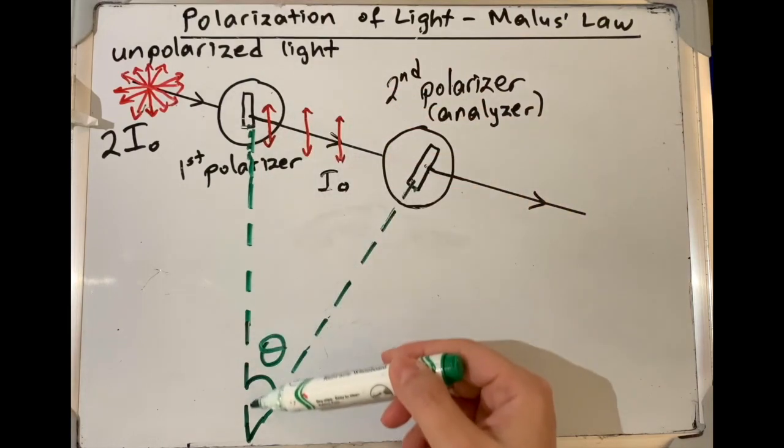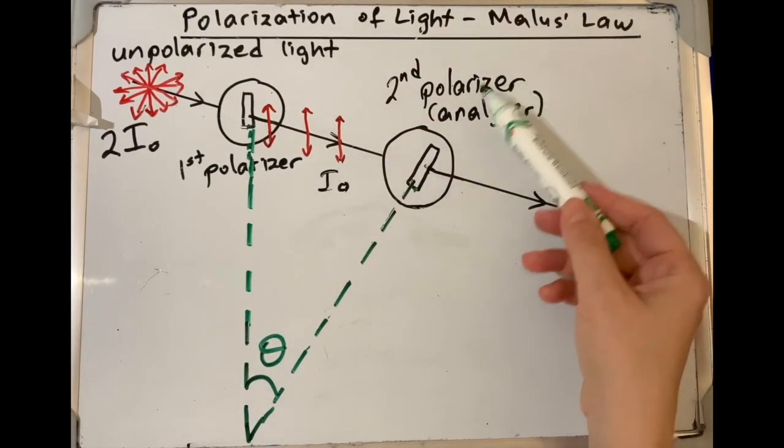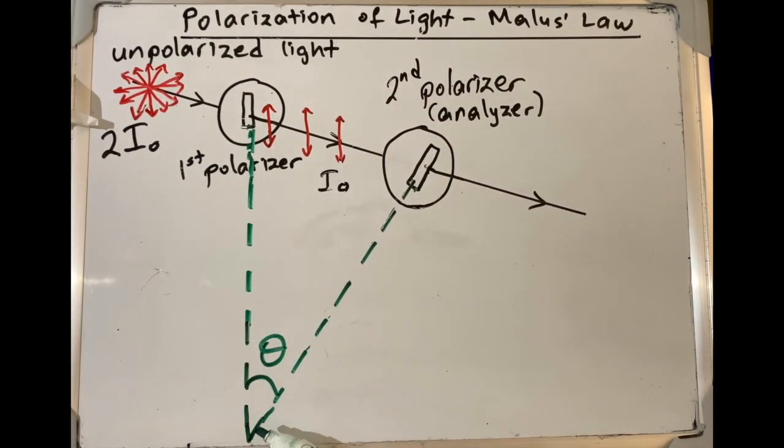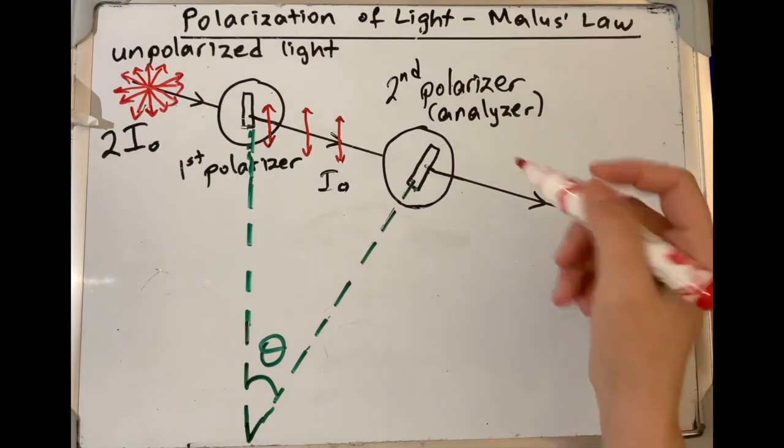This is the axis of polarization of the first one. That's the axis of polarization of the second one. The angle between those two axes is the angle that I'm interested in, which determines how much intensity the outgoing ray will have. But before I give you that, I will show the polarization of the outgoing light.